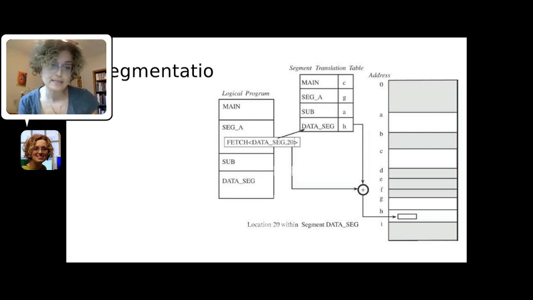But each segment has to be allowed to grow dynamically, and the problem with that is to balance protection with efficiency. So how can we do fast lookups of segments without having to check every time for unauthorized access, the limits of a segment, and all that? We don't know their limits because they dynamically grow.